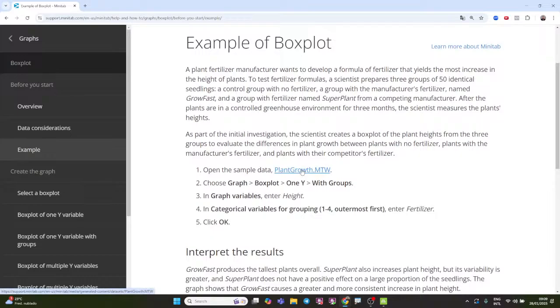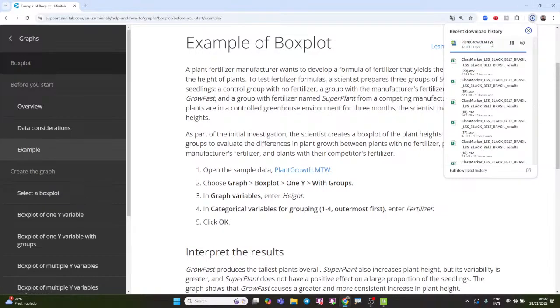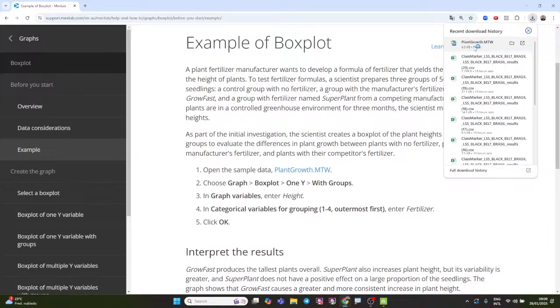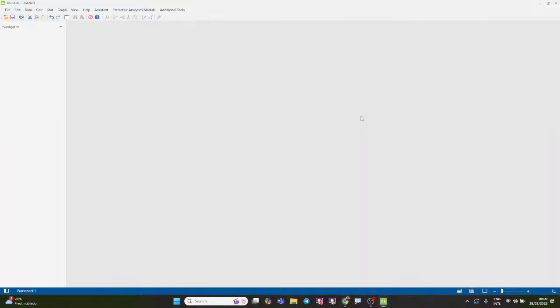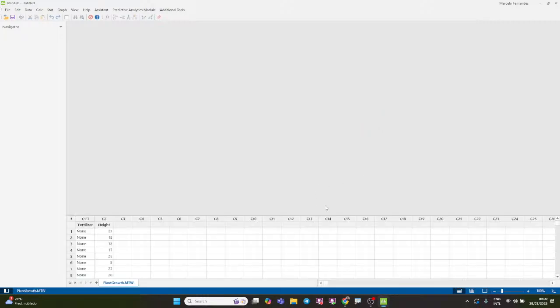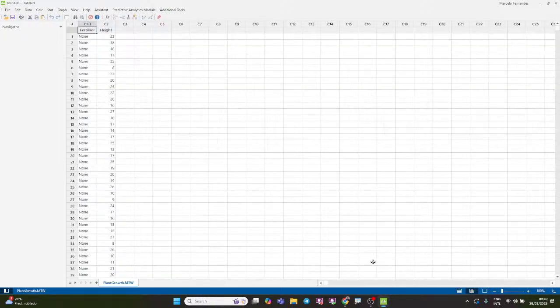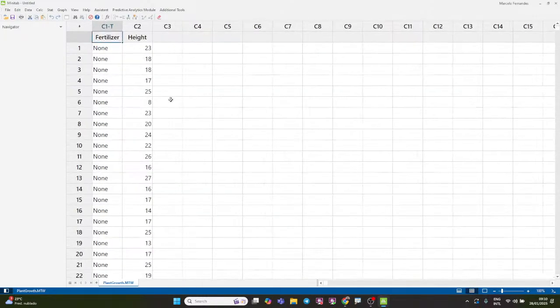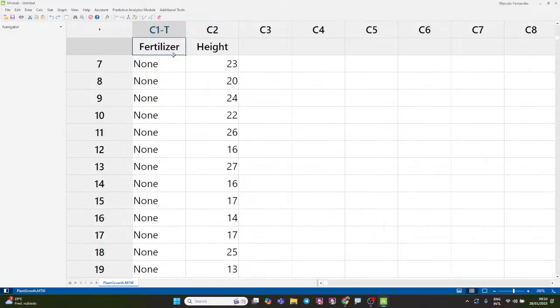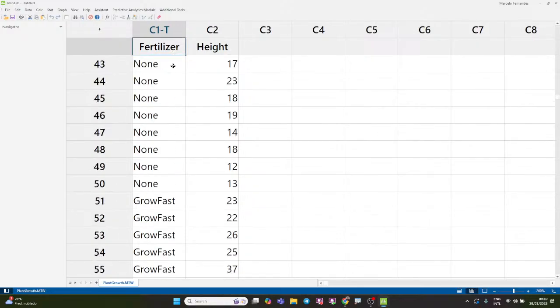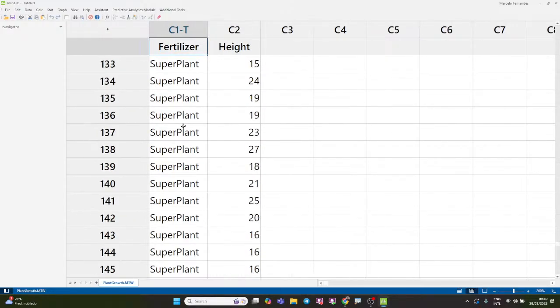Yeah, so let's open up here. Then Minitab will be opened again. So fertilizer, height, grow fast, and superplant.